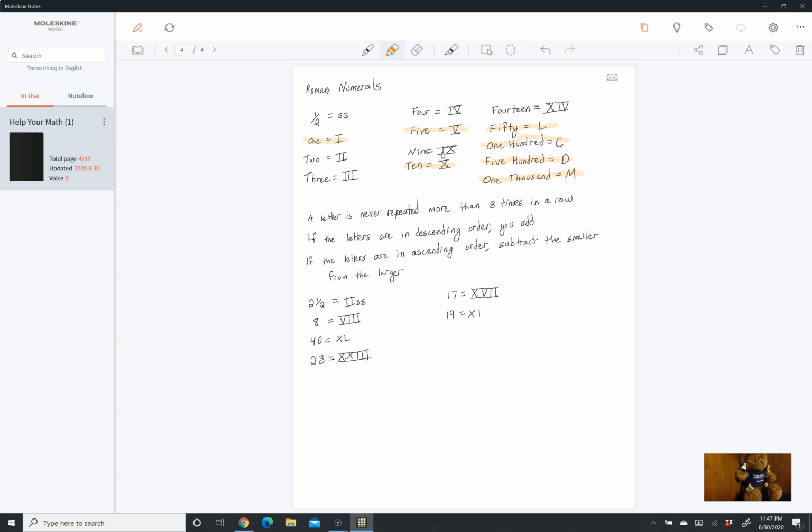So what we get for 19 is X, IX. Because a V with 4 1s is too many. So instead, we jump back to the 10 and we're subtracting 1 from it. So this is 10 minus 1. This is like 5 minus 1. Let's actually write that in there. This is 5 minus 1. This is 10 minus 1.